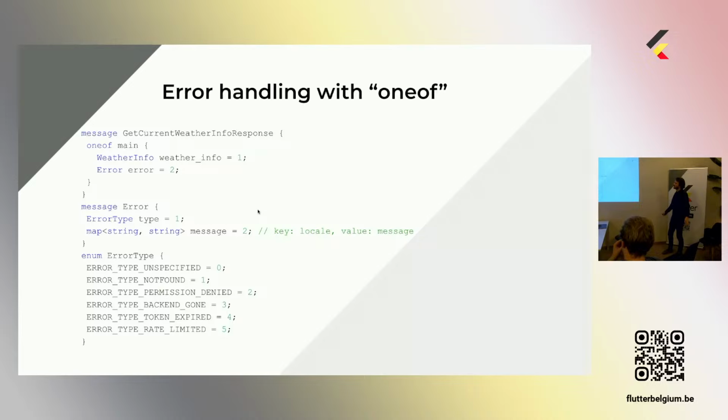You can define your response so that it can be the info that you requested, or it can be an error. And then your error model can be something you define the same for all your calls, or a specific error for every call, because it can also be warnings or expected errors.